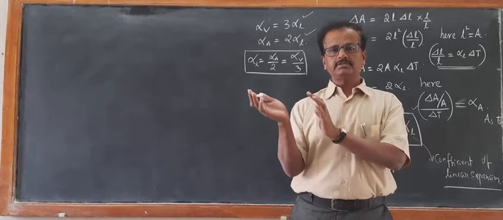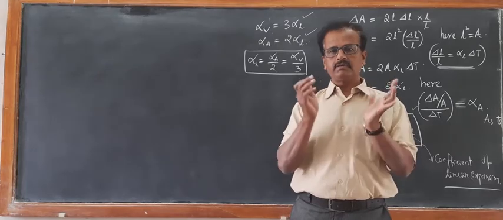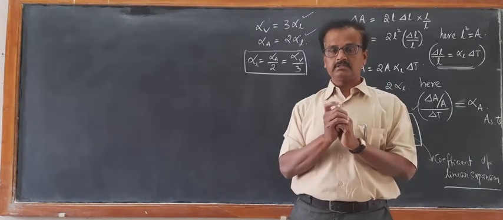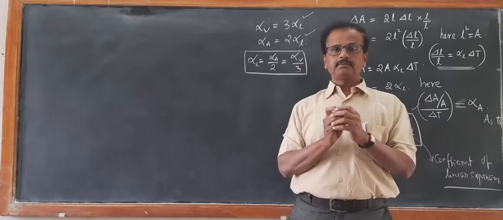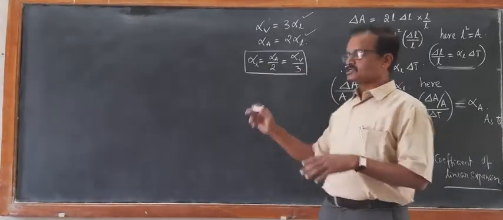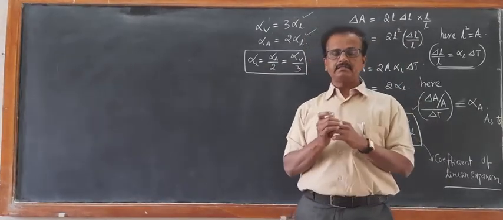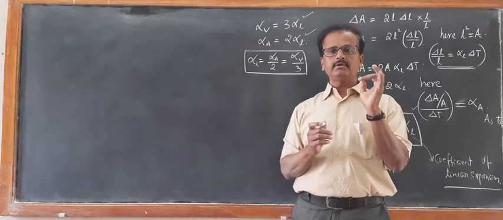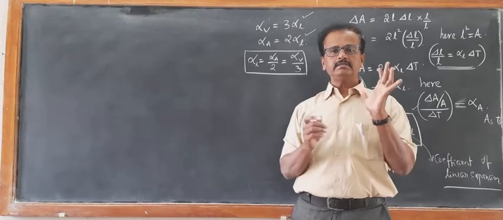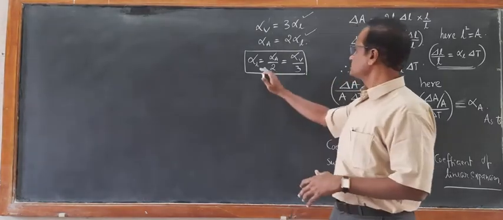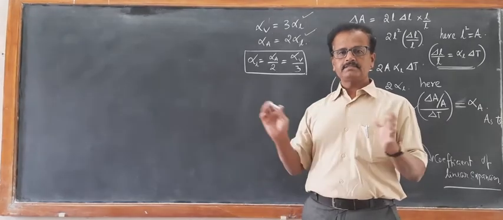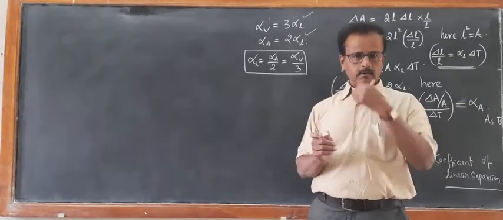You can compare it with the coefficient of linear expansions for the same metals, that is of aluminum, brass, copper, iron, right? When you compare, then you will realize the relation between these coefficients. Okay, these are very important.